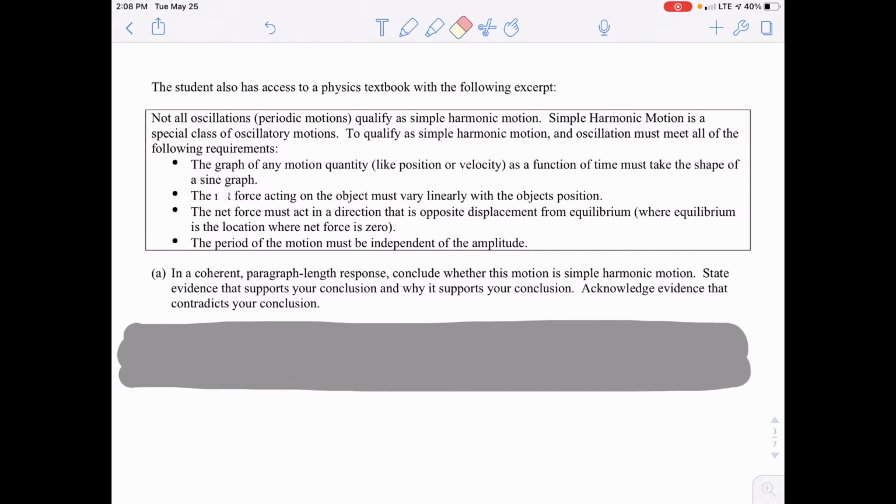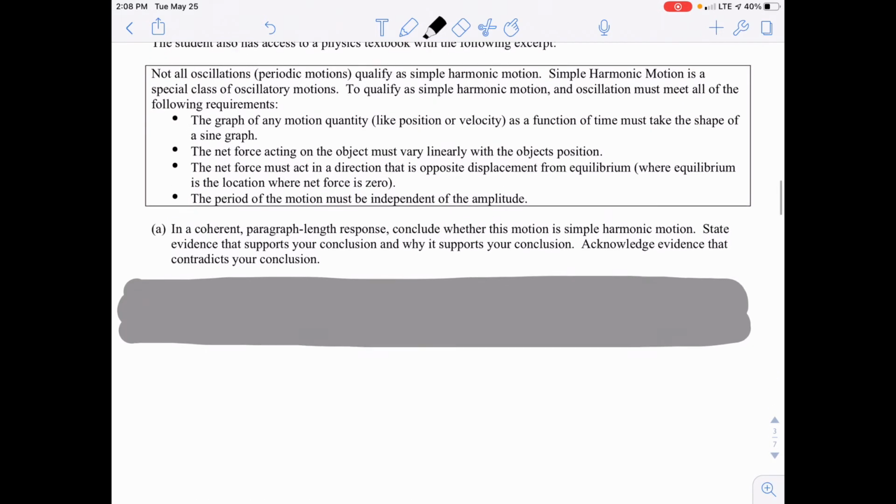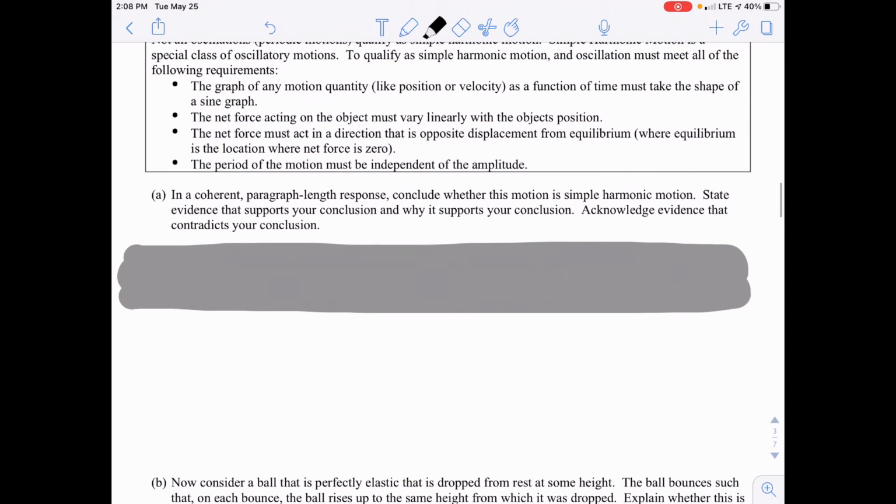The net force must be acting linearly with the object's position, and the acceleration must be acting linearly with the object's position. The net force must be opposite to displacement. In other words, displacement goes up, net force goes down, and so forth. The period must be independent of the amplitude.